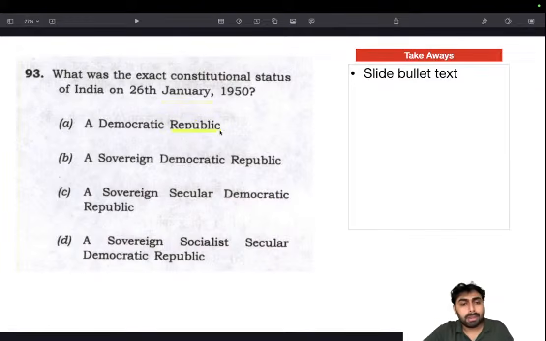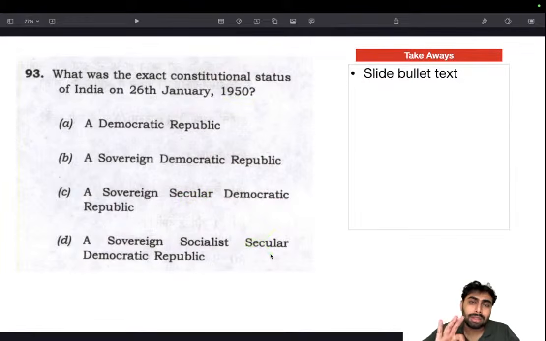So obviously India will be a republic. That's mentioned everywhere. And we know the word secular was inserted into the preamble by the 42nd Amendment Act of 1976. So secular won't be the thing in 1950. It was added later. Not just secular: socialist, secular, and integrity.